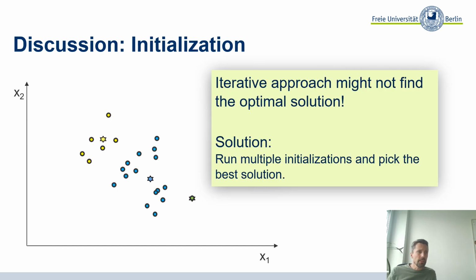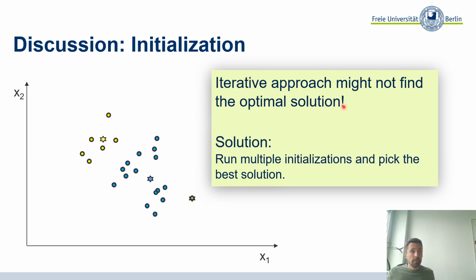Now, let's discuss a little bit how the initialization of the cluster centers may lead to favorable or not so favorable end results. Since this is an iterative approach, starting from a given configuration to a certain stop configuration, we might not find the optimal solution because the start values were not optimal.